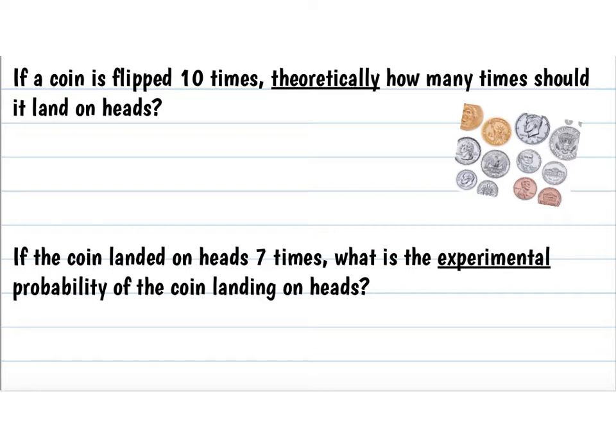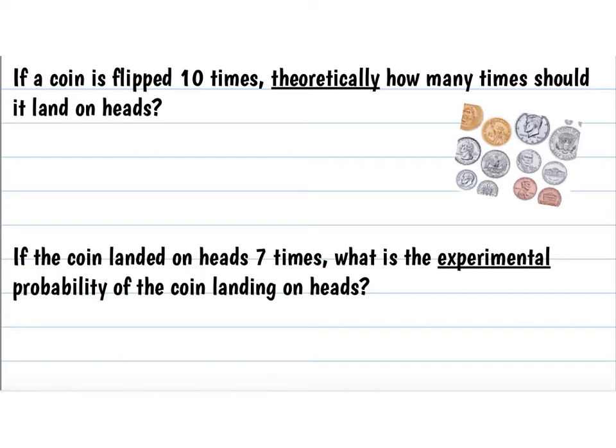So the first one, if a coin is flipped 10 times, theoretically, how many times should it land on heads? Well, if we think about flipping a coin, we know that there's a 50-50 chance, or a 1/2 probability that it's going to land on heads.